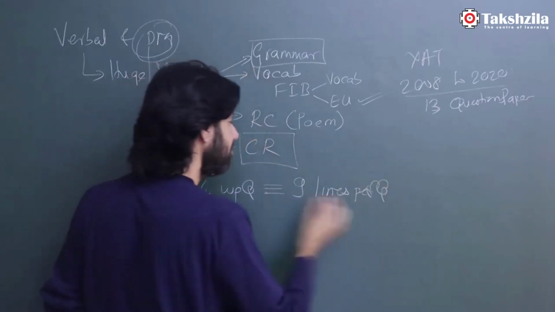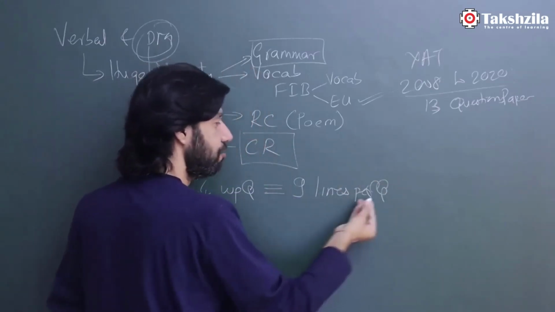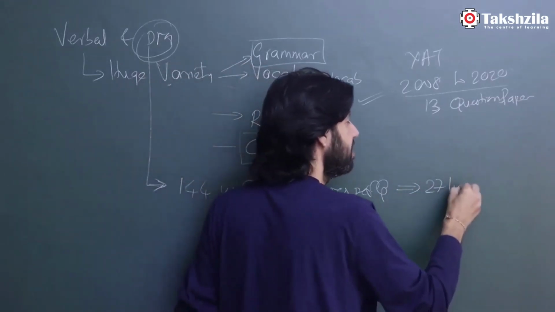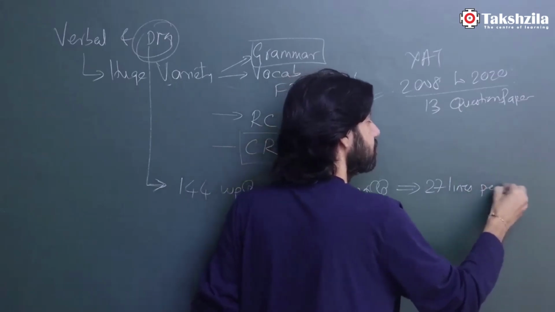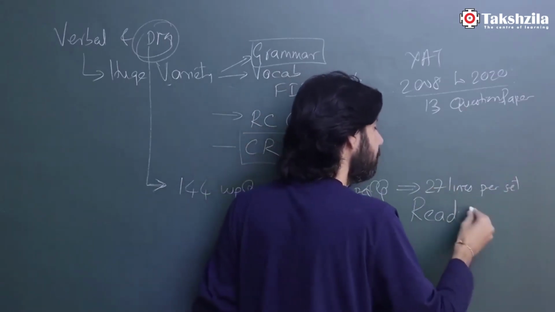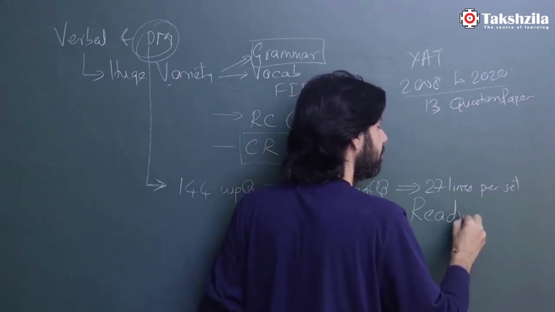So a set of 3 questions is 27 lines per set. So this is almost a question of how good your reading and comprehension can be.